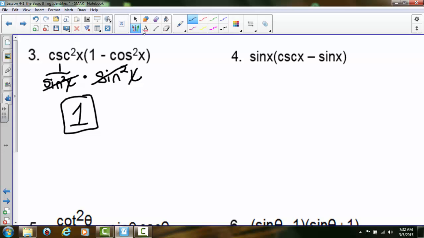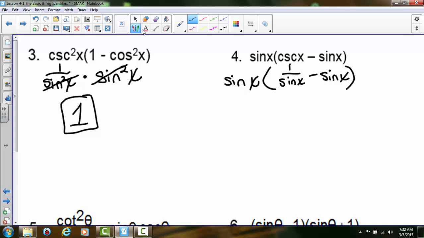Okay, so I'm looking here, and I'm like, what can I do? Well, sine x, I could write it as 1 over cosecant, but then I'd have 2 of those. So I thought, well, cosecant is 1 over sine, so that might be a little bit easier. So I rewrote that as 1 over sine x. Okay, so now all I have is sine x. What can I do with that?